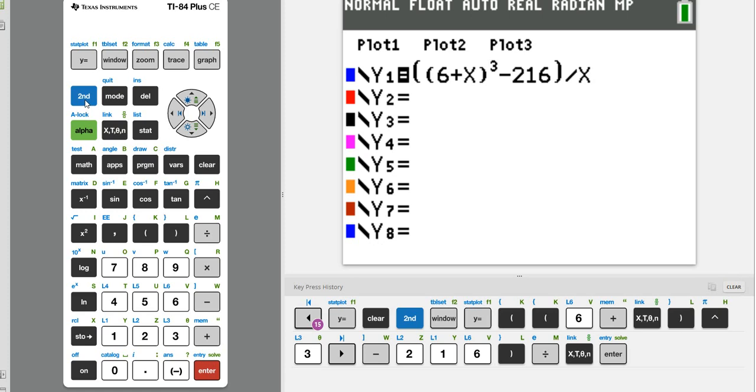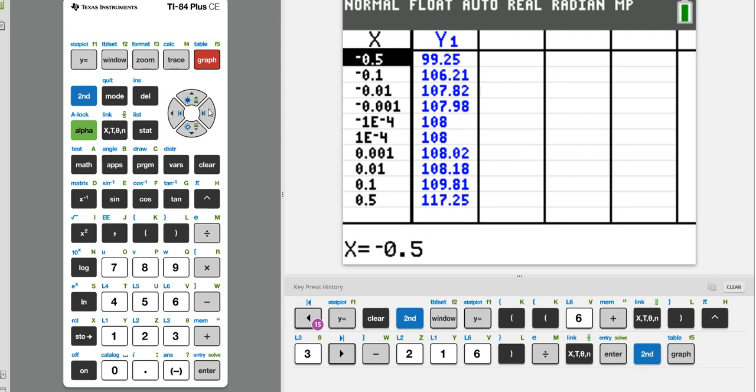And now let's go to our table, second graph. This looks like it's set up pretty nice. Notice you got some values of x coming in from the left and some values of x coming in from the right of 0. And both of them are centering on 108. That's a little deceiving.